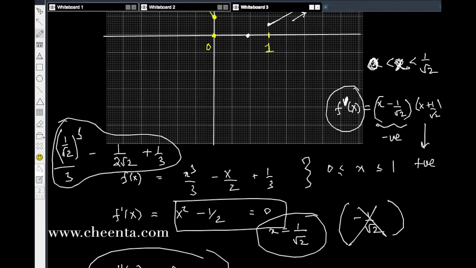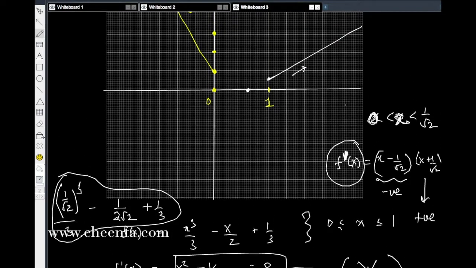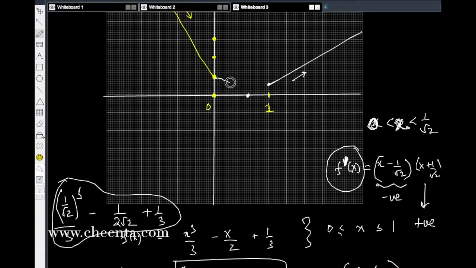So f prime x is negative if x is between 0 and 1 by square root of 2. If that happens, then the first derivative becomes negative, so it comes down. Something like this happens, and then it goes up, because we can similarly show that if x is between 1 by square root of 2 and 1, then the first derivative is positive.